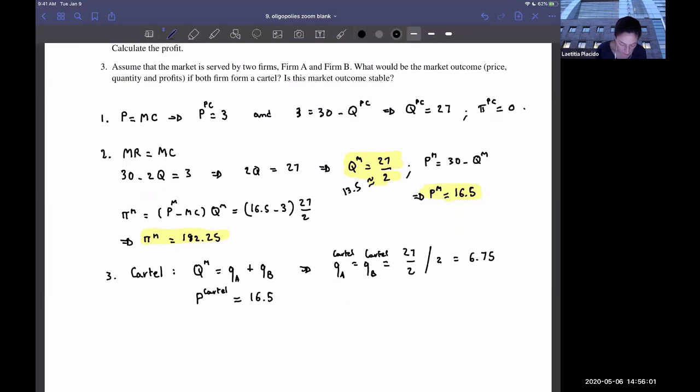So what are the profits? So the profit to firm A will be the same as the profit to firm B. Okay. And because they are simply splitting production, then they're going to get half of the monopolist profit.